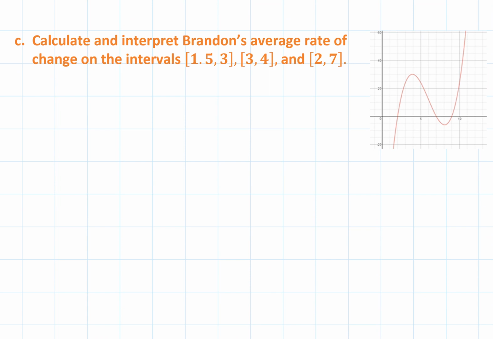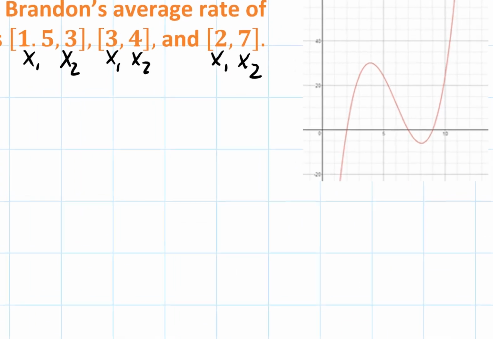And our final question today is about average rate of change. So these are intervals, so these are all x values. So this is an x value, this is an x value, this is a different x value. I'm labeling these all x1 and x2 because average rate of change is just change in y over change in x. It's a slope. So if we're looking at 1.5 to 3, let's see where that actually is.